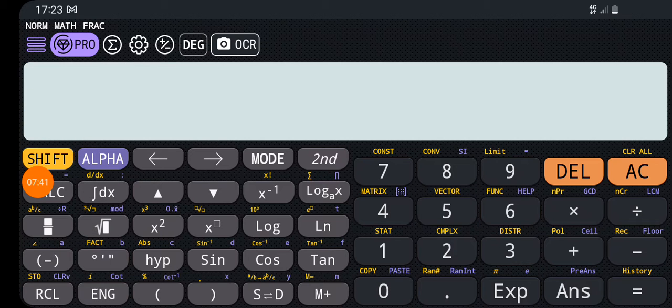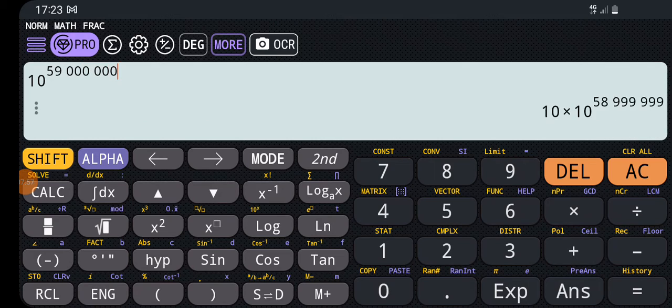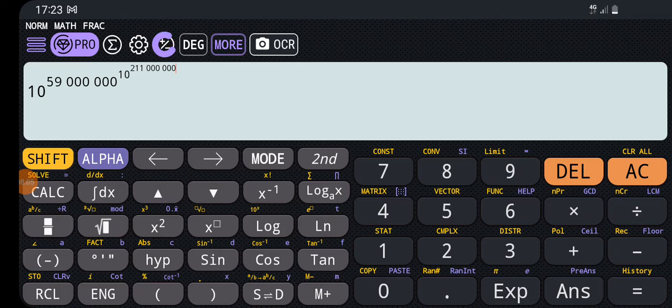The calculator can solve this real quick. So if we enter 10 to the power of 10 to the power of 59 million right here, and then to the power of 10 to the power of 211 million, which gives us a total of... this is how big the answer can get.